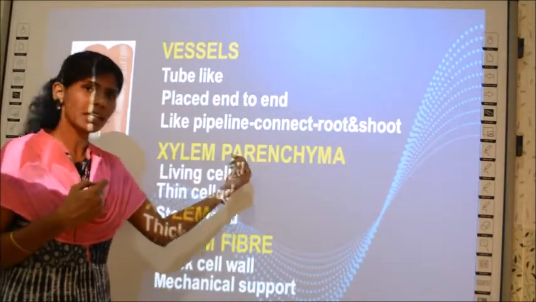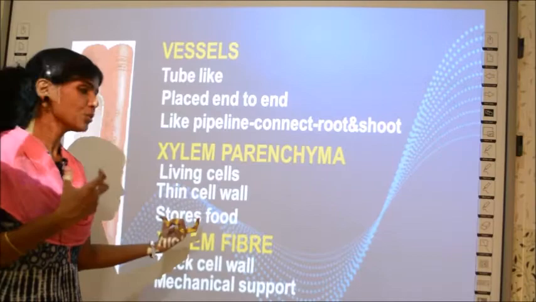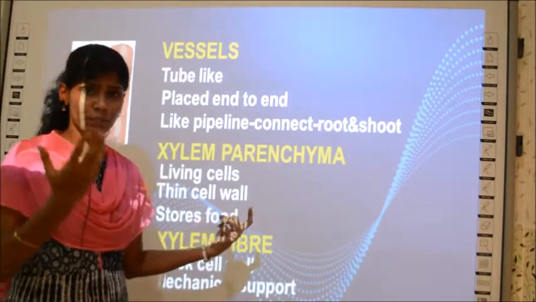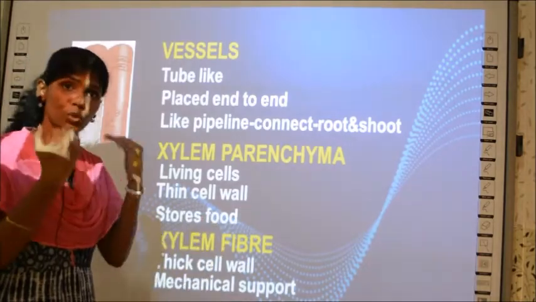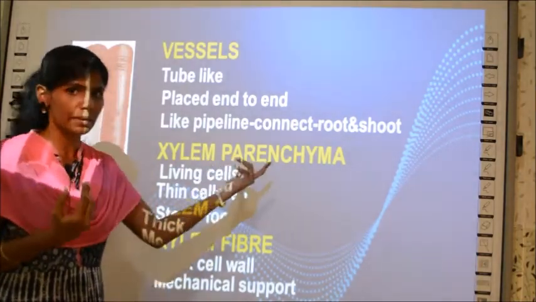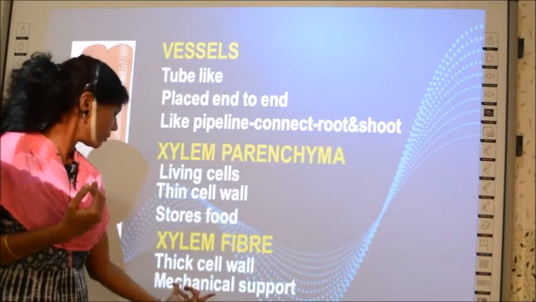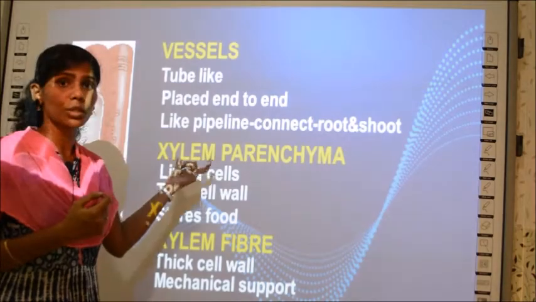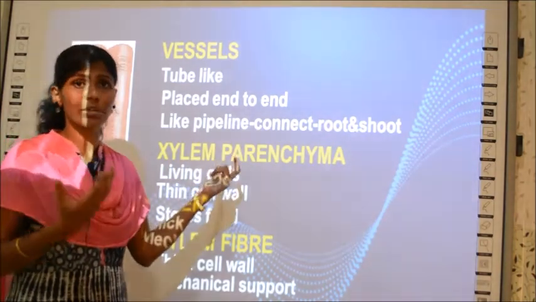The function of xylem parenchyma is to store food. The main property is to store the food. It will store the food temporarily. Which one? Xylem parenchyma. This is unique because the function of xylem is to conduct water, right? What is the function of xylem?